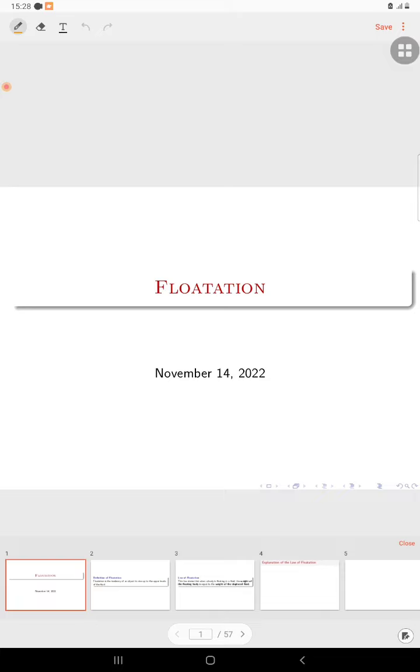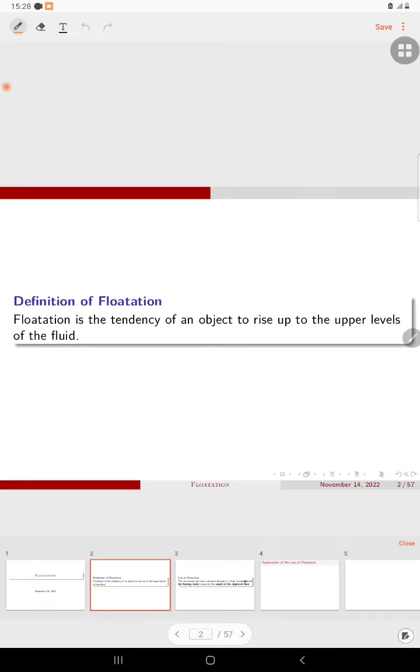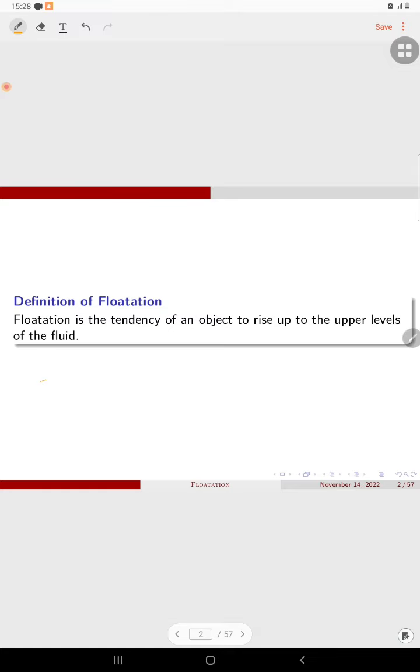We are going to have a series on flotation. So when we say flotation, what do we mean by that in physics? We are referring to the tendency of an object to rise up to the upper levels in a fluid. When we talk about fluid, as we know, we are referring to either a liquid or gas, right?